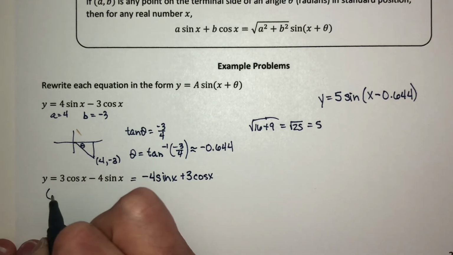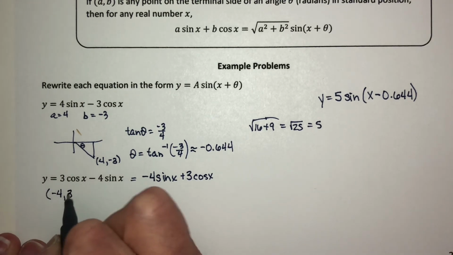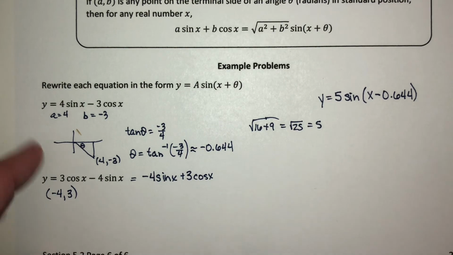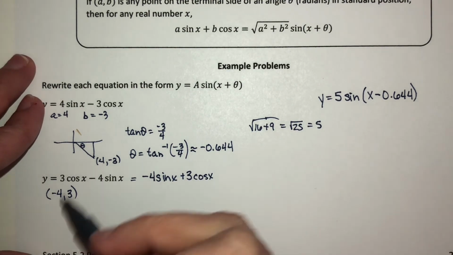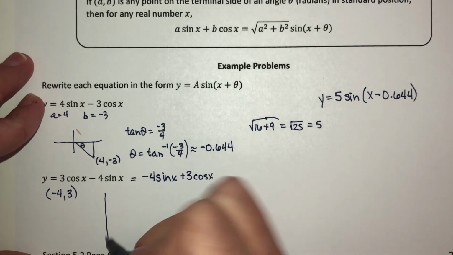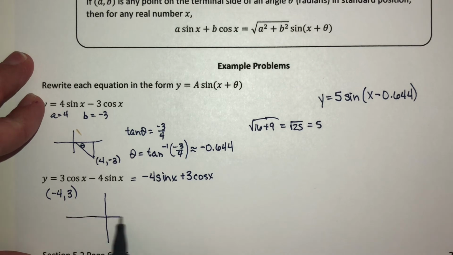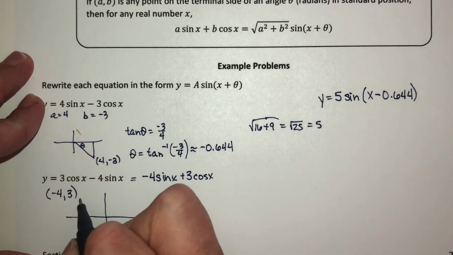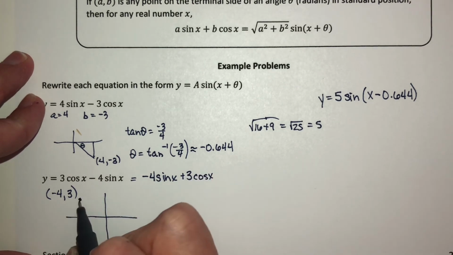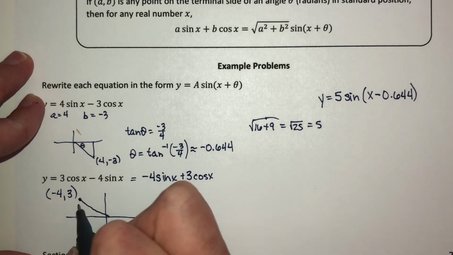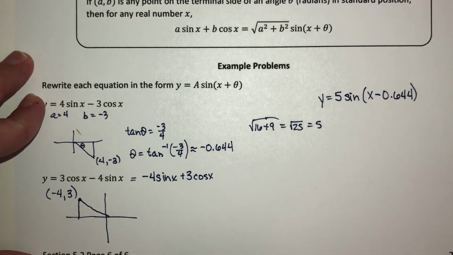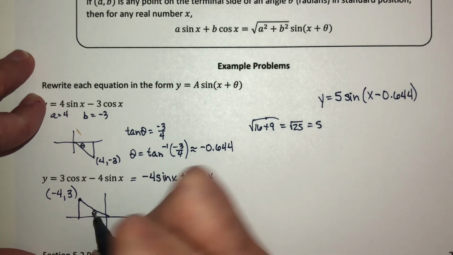And that means the point negative 4, 3 is a terminal point on the axis. So negative 4, 3 will be up here.